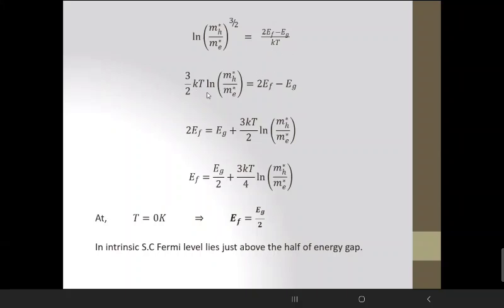So 3 by 2 kT ln (mh star over me star) is equal to 2Ef minus Eg. So 2Ef is equal to Eg plus 3kT by 2 ln (mh star over me star). So this is the final formula. So how to find the Fermi energy? To find out the Fermi energy, you have to equate the number of electrons to the number of holes.